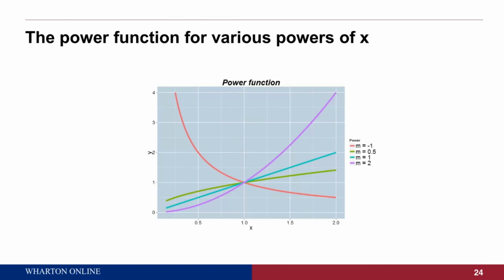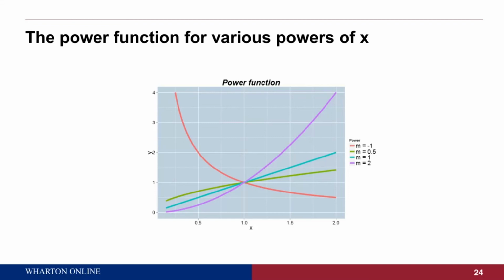Now I have shown you power functions for various values of m, in fact the ones that I've just discussed on this graph, and you can see the purple graph is m equal to 2, that's a quadratic. When m equals 1, you see the blue graph, which is actually a straight line because, as I said, any number raised to the power 1 is itself.